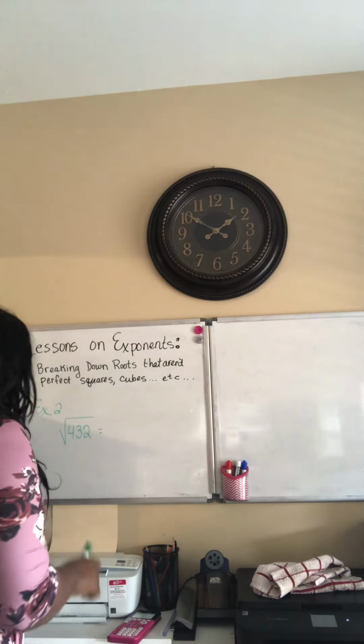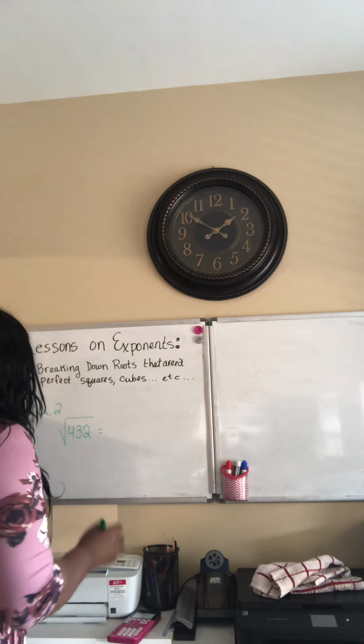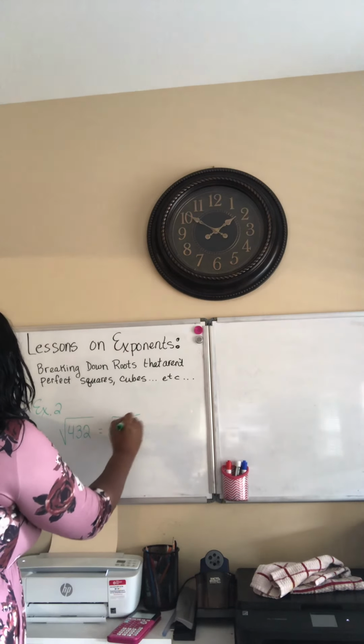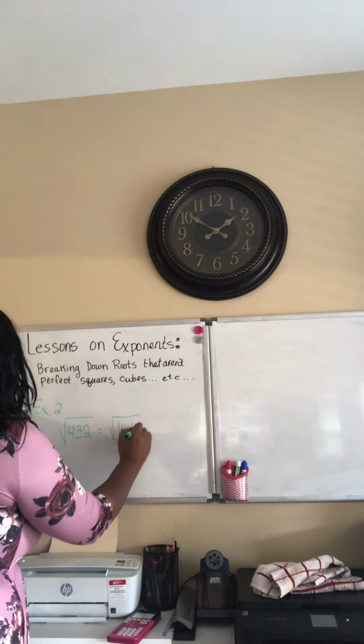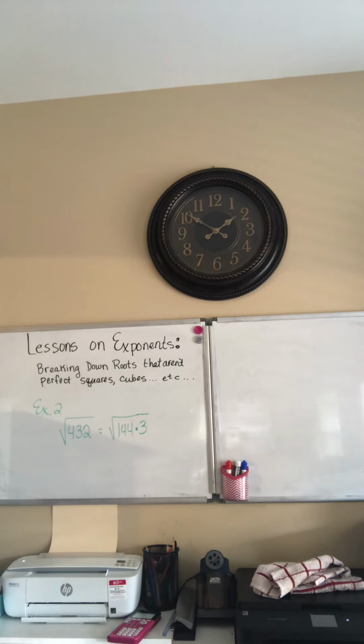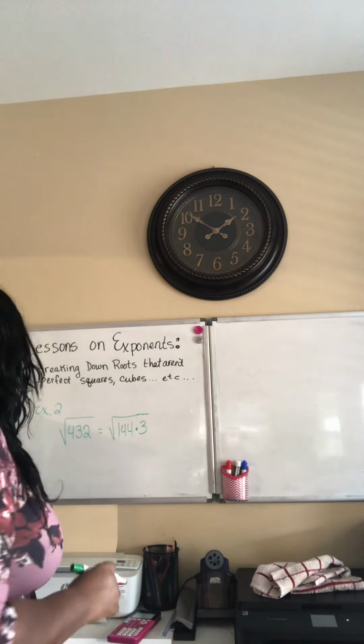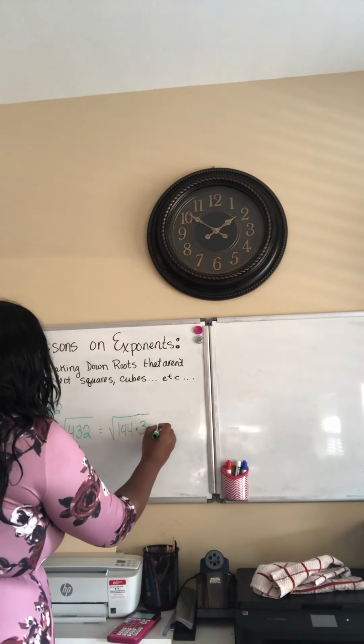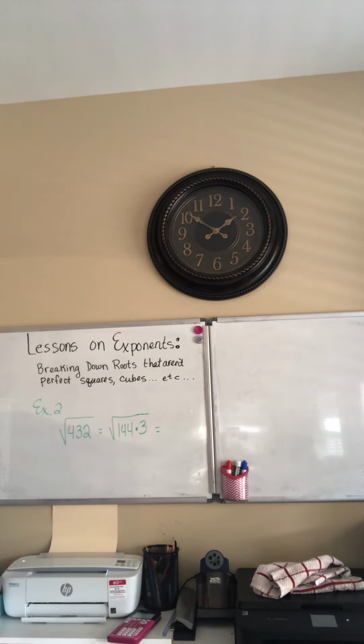So once I divide that, 432 is divisible by 144. So I have 144 times 3. Okay? So now what I do is I ask myself, what do I need to do here? So I will break this into two parts because I know the 144 is a perfect square. So sometimes inside of numbers, a perfect square can be hiding inside of a bigger number.